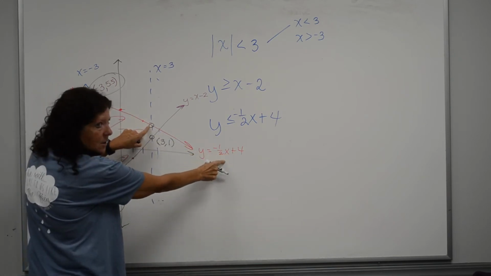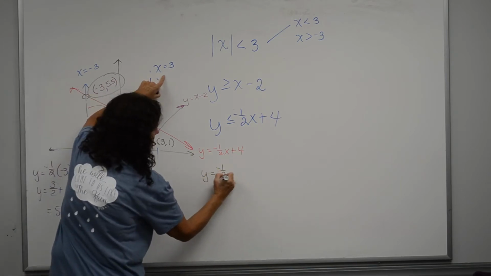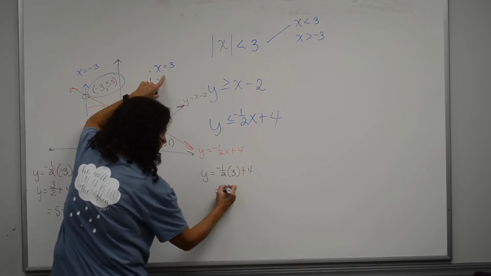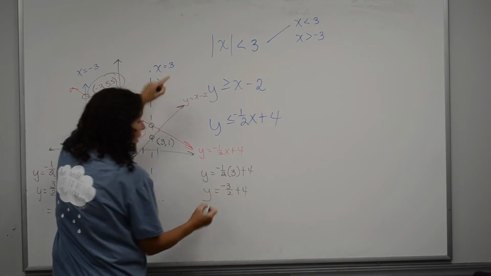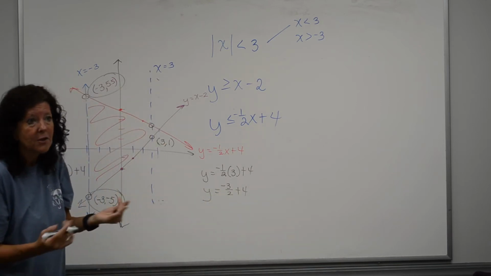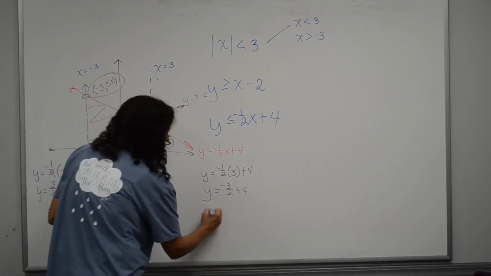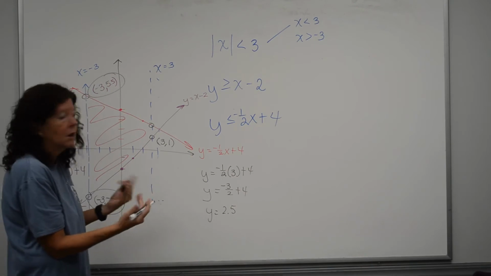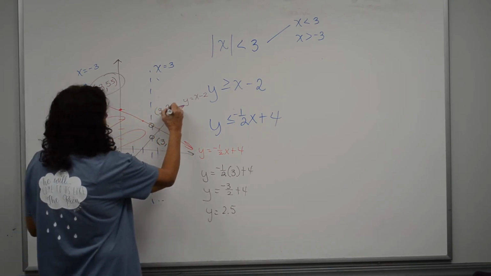So it's this equation. I plug in my 3. So this time I have a negative 3 over 2 plus 4, or I have a negative 1.5. So what I have left is 2.5, right? Okay, so y is equal to 2.5. I mean, you can do that on the calculator. So this is the point right here, 3, 2.5.